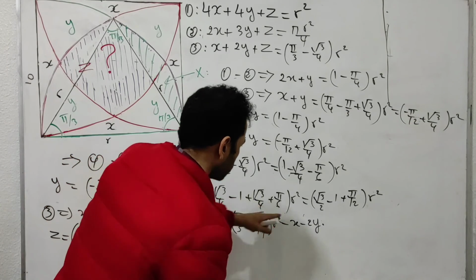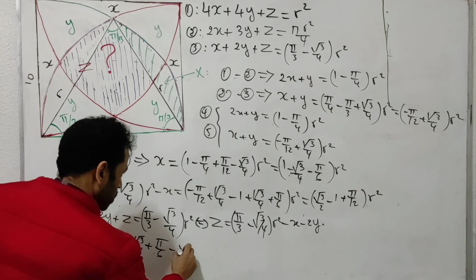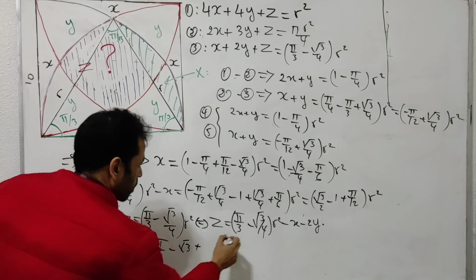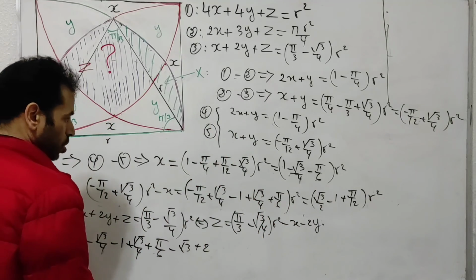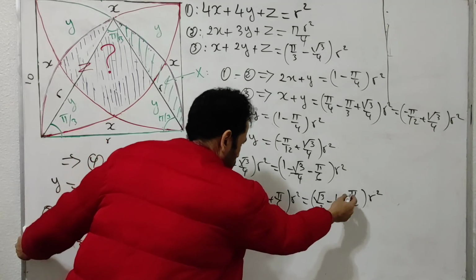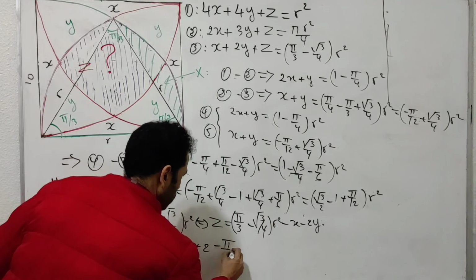Minus 2 times y, I'm going to multiply by minus 2 here. I will get minus square root of 3 plus 2 minus 1 is multiplied by minus 2, which is plus 2 minus 2 times pi over 12, which is minus pi over 6.